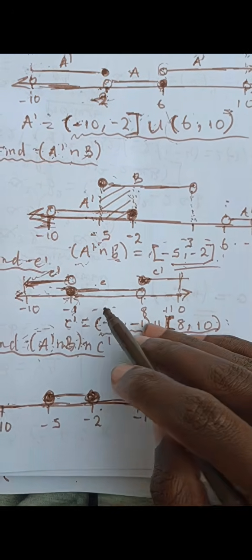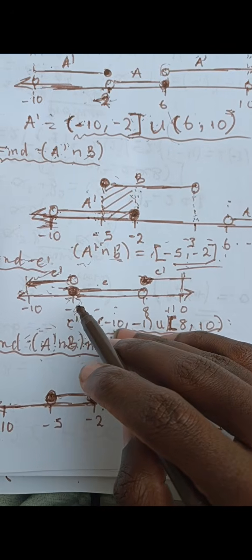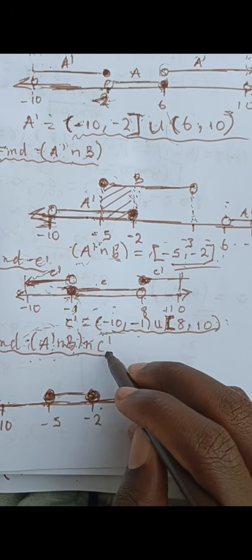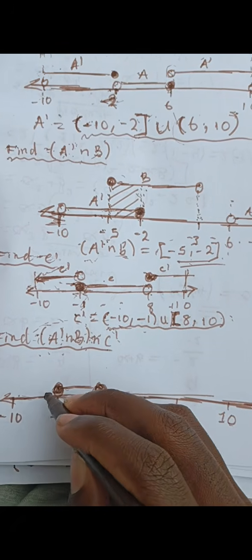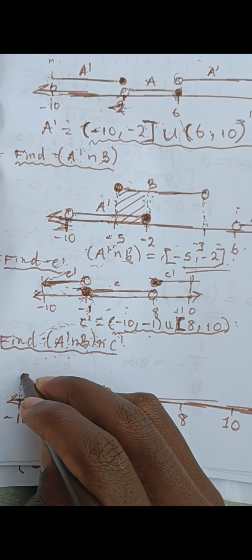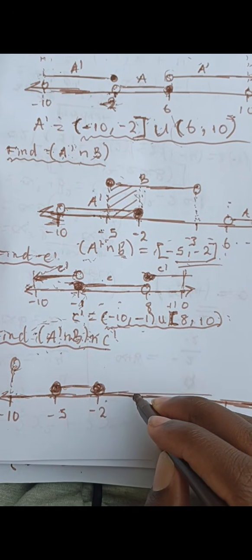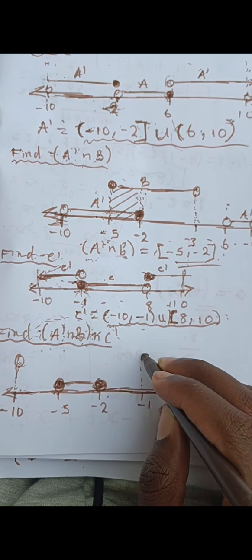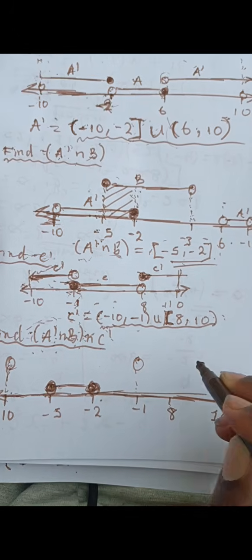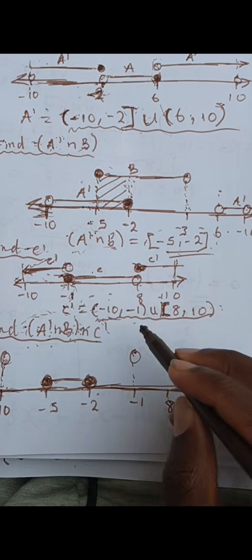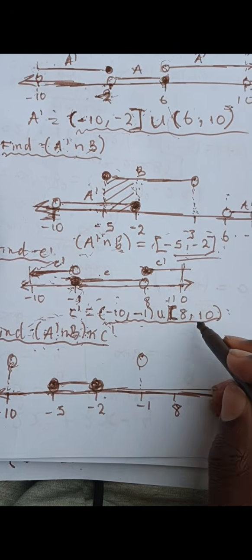So let's now also sketch this. C complement, because we've shown this. Now let's show this one. So from negative 10 to this and negative 1, like this, the bubble won't be shaded because of the symbols which have been used, showing that this and this are not part of the set.